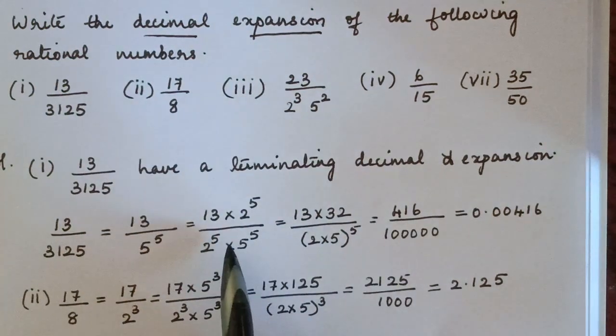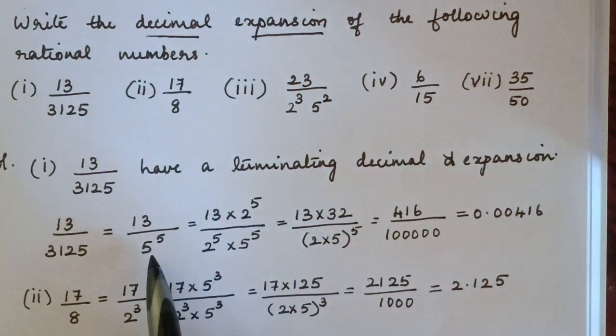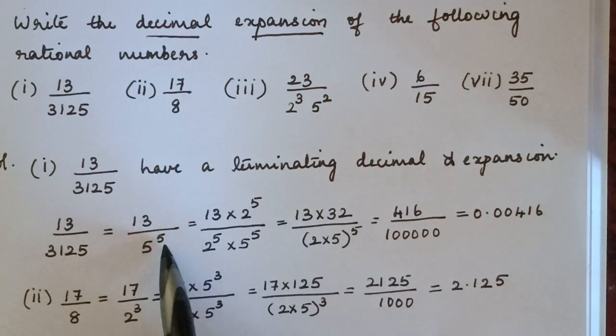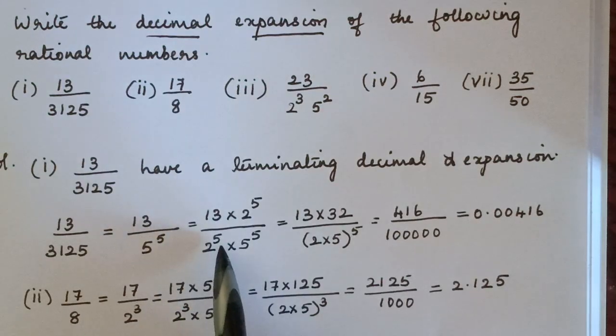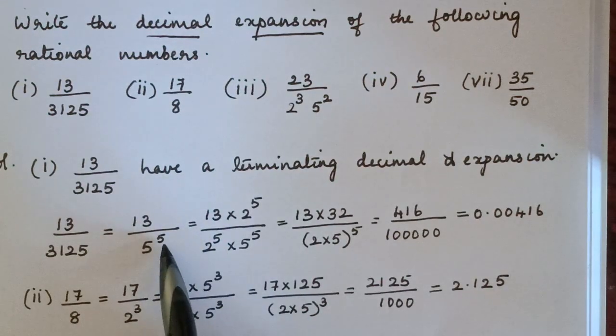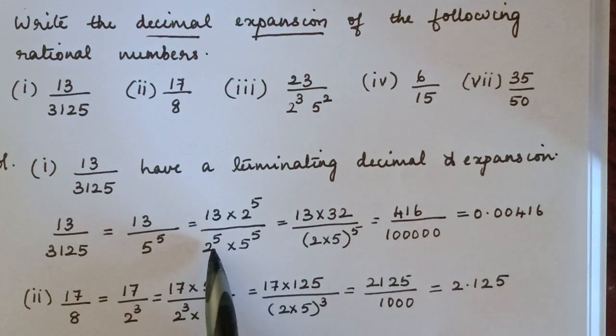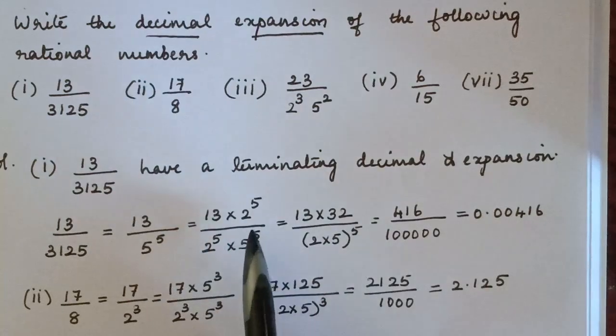So by multiplying numerator and denominator by 2 raised to 5, please check that whatever power for 5, that only we have to multiply. Here the power of 5 is 5, so for 2 also we have to take the power as 5. And when we are multiplying the denominator with 2 raised to 5, in order to compensate, we have to multiply the numerator also with 2 raised to 5.